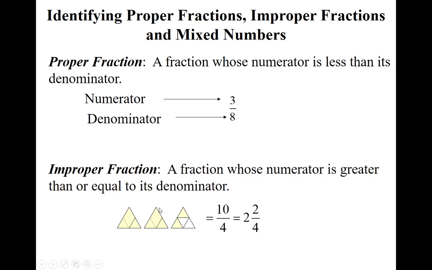And 2 of them are shaded completely, for 4 and 4 makes 8 shaded pieces. The third has 2 out of the 4 shaded. So adding those 2 to the other 8, that's 10 shaded pieces. But we're divided into fourths. So this represents 10 fourths, or 2 wholes and 2 fourths. So 10 fourths is equal to 2 and 2 fourths.